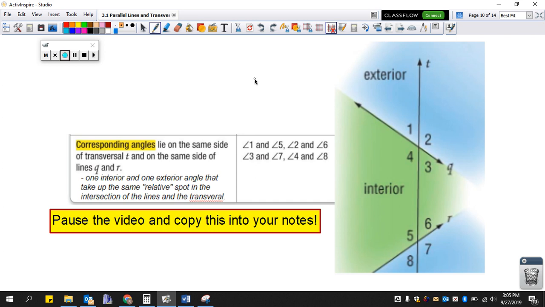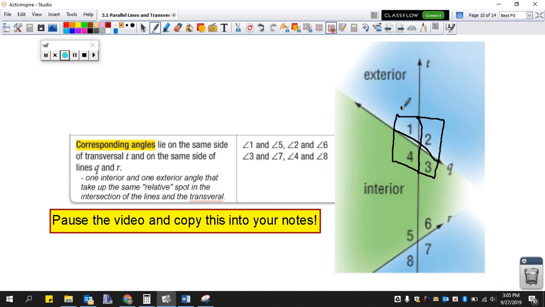Corresponding angles are angles that basically take up the same relative space. If I look at this right here, I can see that this line Q and the transversal T split that up.